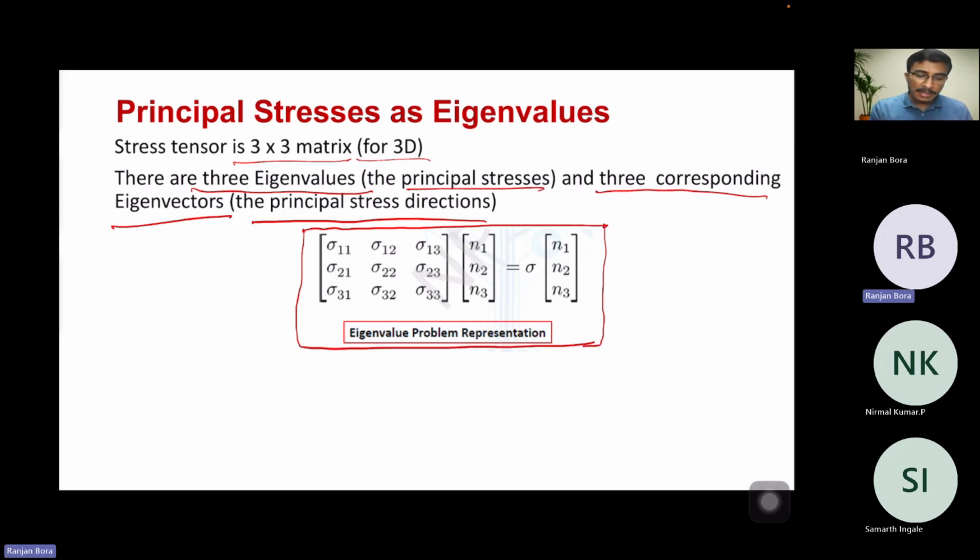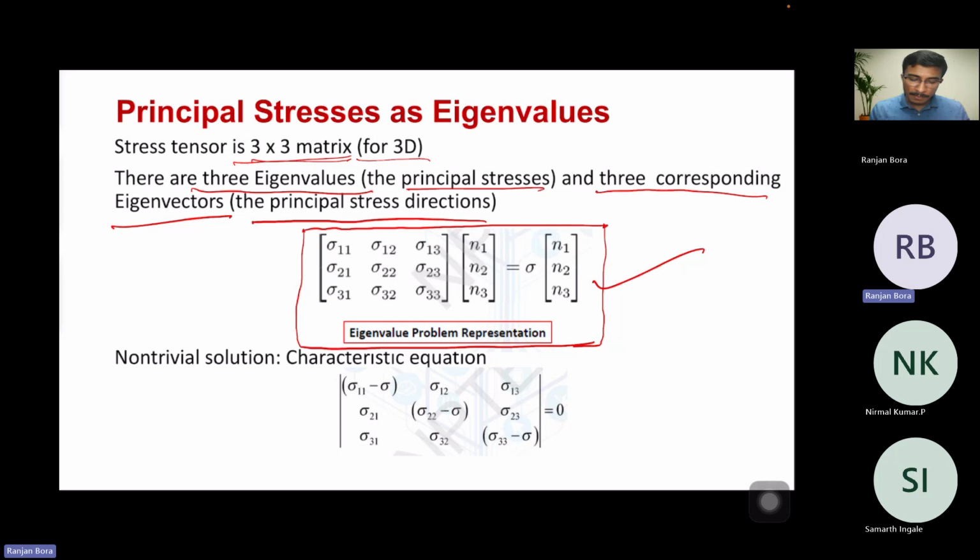Since stress is a 3x3 matrix, we can represent it in terms of this eigenvalue problem. If we solve for the eigenvalues of this equation, we get the values for the principal stresses and the values for n1, n2, and n3, which represent the direction cosines for the principal stress directions.